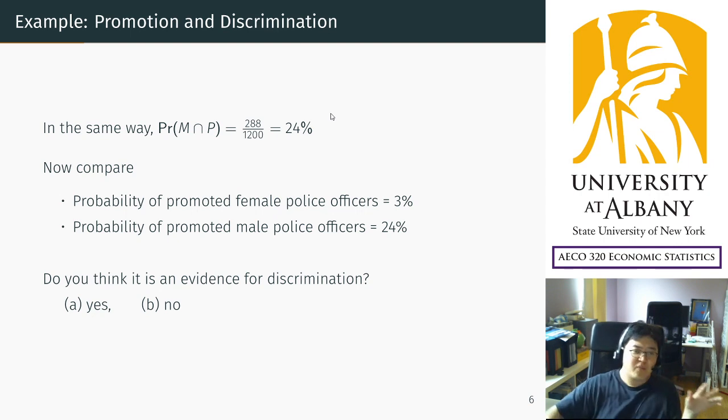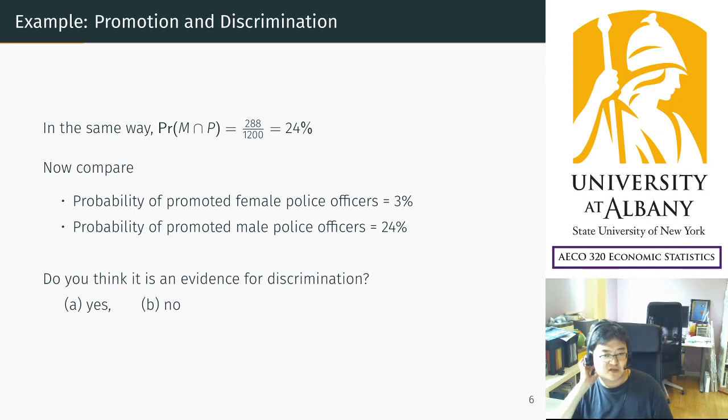There are 24% promoted male, but we already calculated the probability of promoted female, which was 3%. Then there is a big gap between these probabilities. Do you think these numbers can be evidence for discrimination?